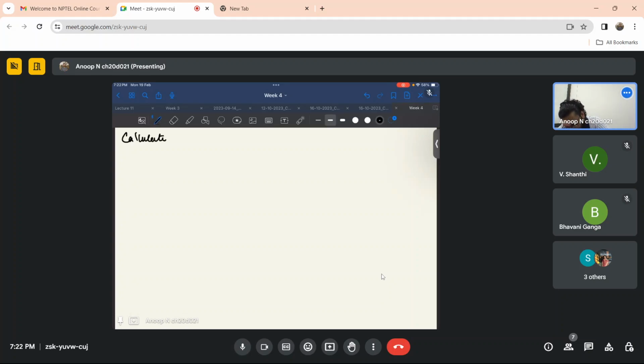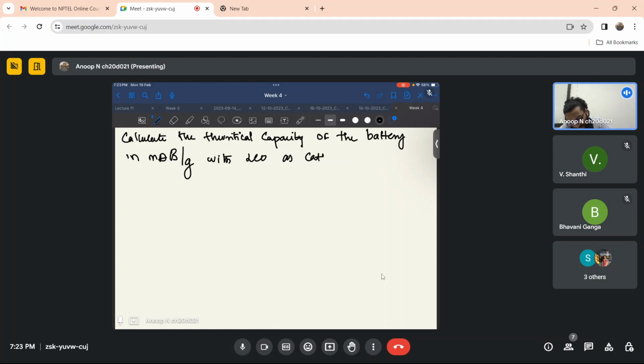Calculate the theoretical capacity of the battery in milliampere hours per gram with LCO as cathode.